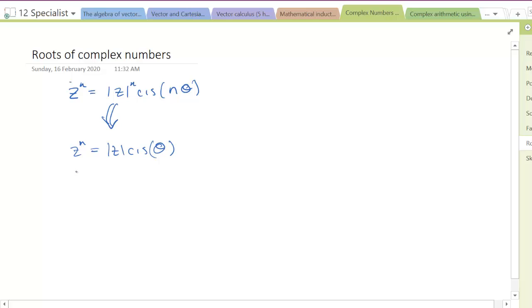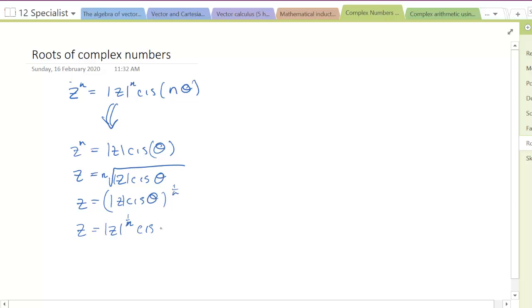So really, this would be the same as saying z, that original complex number, will be the nth root of the modulus cis of the argument. That's the same as saying our modulus cis of the argument is raised to the power of 1 on n, and therefore we can say that it's a modulus to the power of 1 on n cis of theta over n. Right, so that will be our approach today.